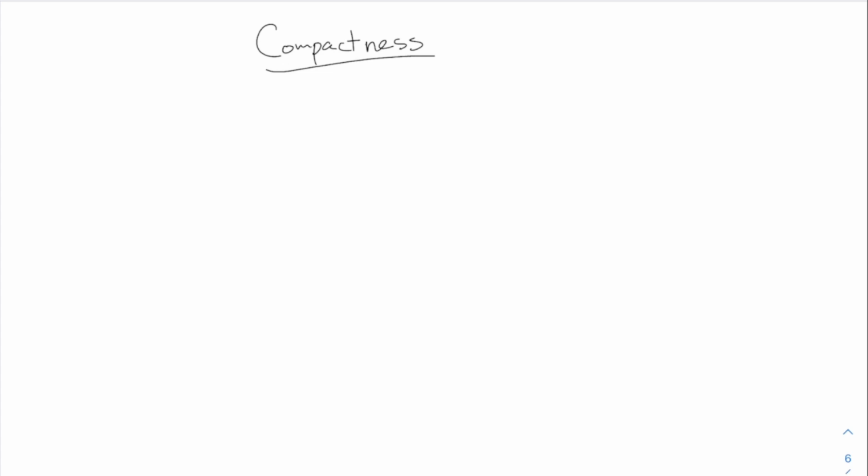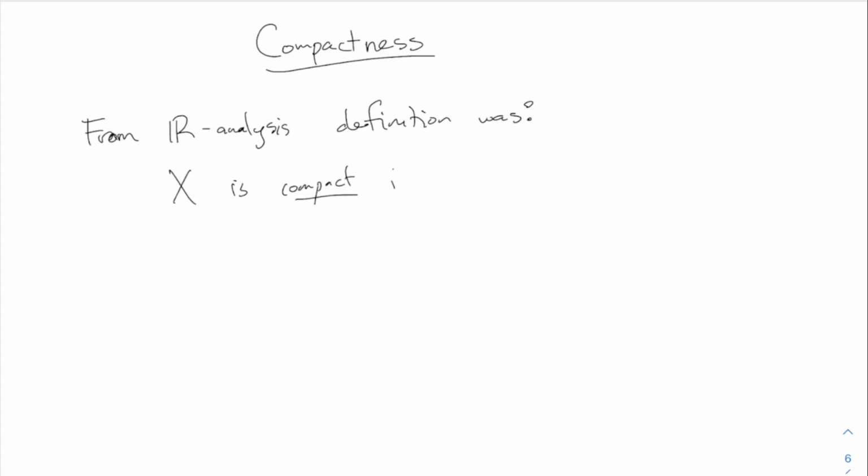Actually, the definition from real analysis was this, and I'm going to write it, but we're not going to use this in this class. We say X is compact if and only if... I didn't remember this definition.